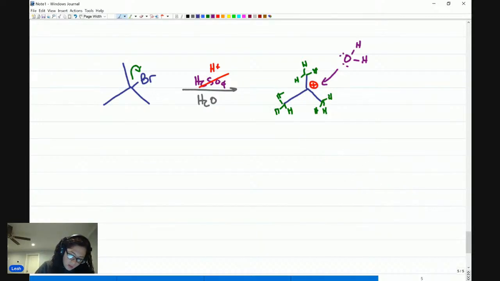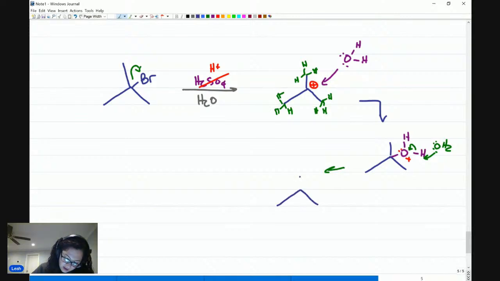What I have is my first intermediate, which is a molecule with an O, an H, another H, 1 lone pair and a positive charge. So we'll bring another water molecule from solution, grab a proton, give it back the electrons, and that'll be the first product in this reaction, which is an alcohol as the SN1 product.